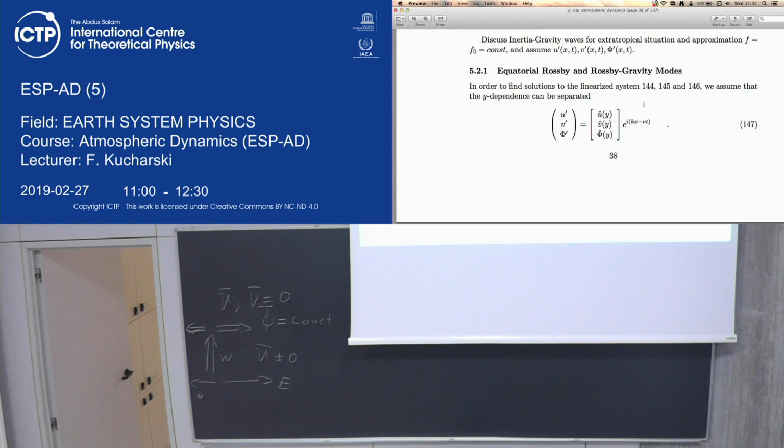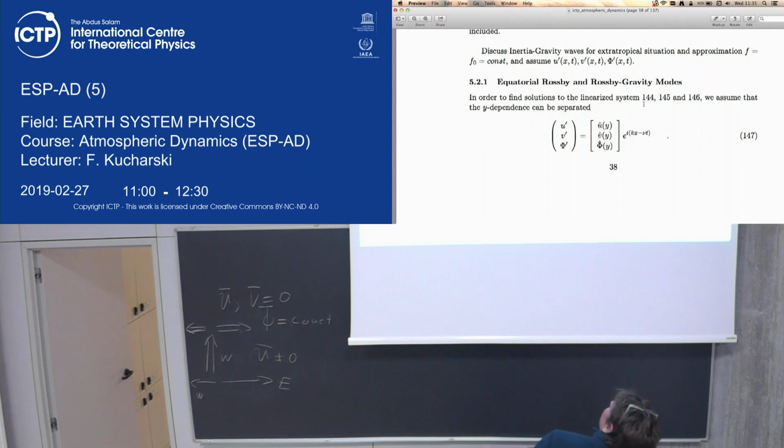This means that those waves would not propagate in meridional direction, but would have some kind of structure in the meridional direction, but propagate only in x, in zonal direction. So they have a fixed structure, can be any, right now could be anything. It turns out they have to decay as we go away from the equator. That is already clear.